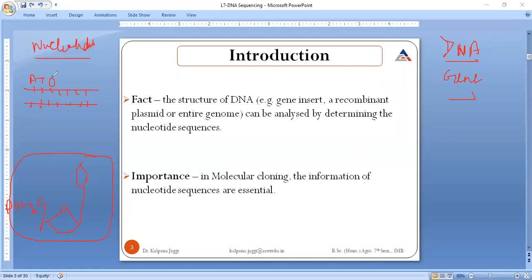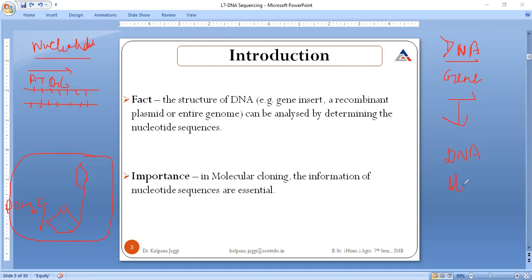Whether it is A, T, G, or C, this is what is said to be the sequence of nucleotides, right? And these in turn are connected to sugar, and the sugar to phosphate. That is understood, because DNA is composed of nucleotides. So we need to know the nucleotide sequence, and if we know it, it is very easy to go for the analysis of DNA structure.